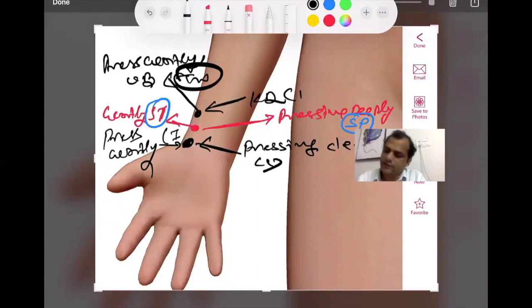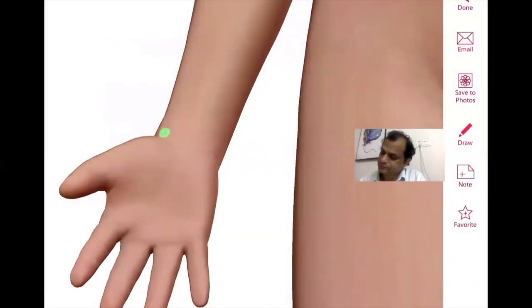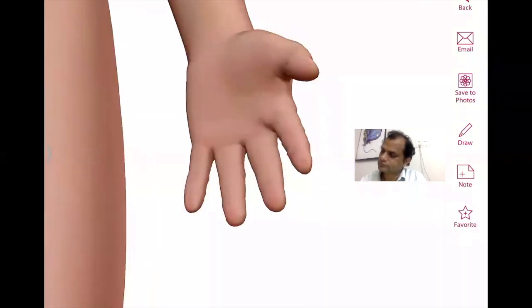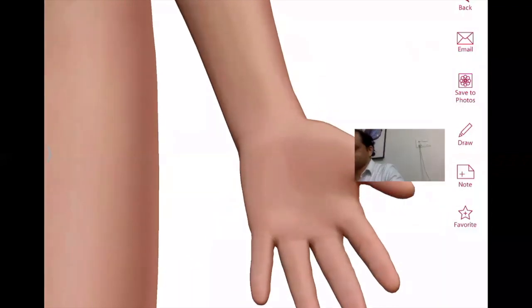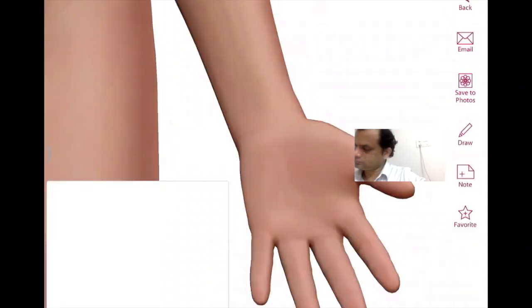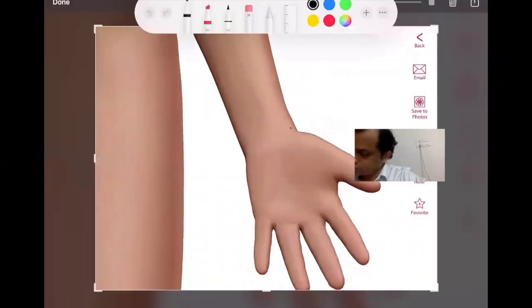अगर हम लेफ्ट हैंड की बात करते हैं, so these are the three areas, 1, 2, and 3.